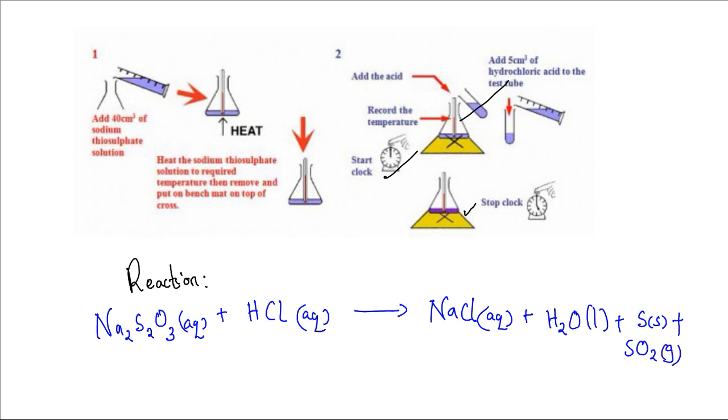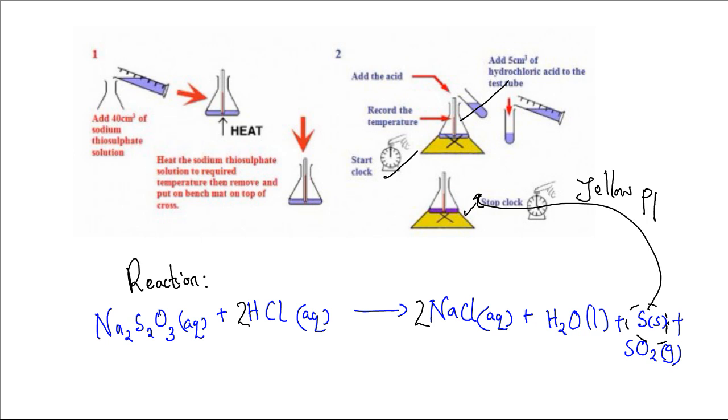To balance the equation, we have 2 in front of HCl, and sodium thiosulfate is balanced accordingly. So this is the yellow precipitate. This is what will give the yellow precipitate. And that is why the cross cannot now be visible.